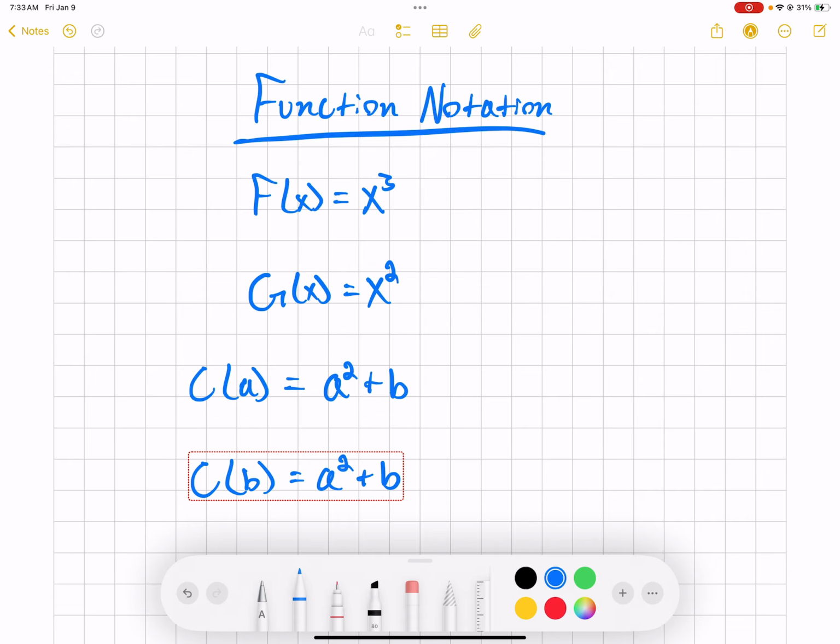And then the second thing it allows us to do is quickly identify what the independent variable, AKA the input variable, is. It allows us to distinguish between what's an input variable versus what's a constant that just looks like a letter, a constant that's being represented by a letter.